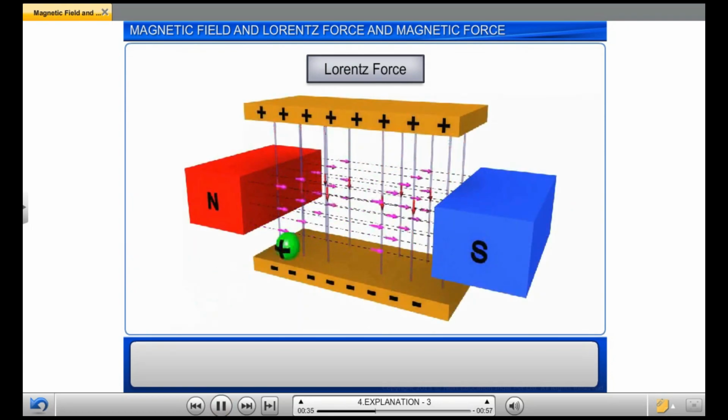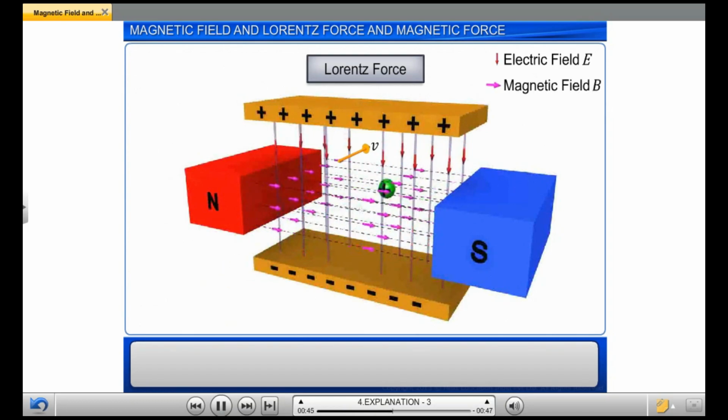Now, consider a charge of Q coulomb moving with the velocity V in the presence of both electric field E and magnetic field B. The net force on charge Q is F, called Lorentz force, and is equal to the vector sum of the forces due to the electric and magnetic fields.